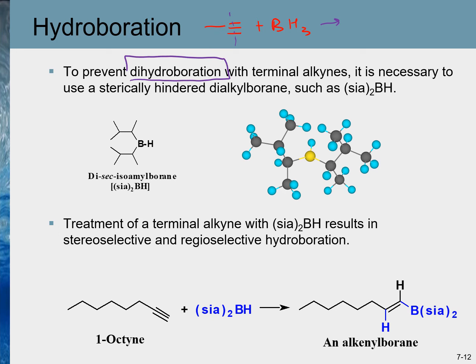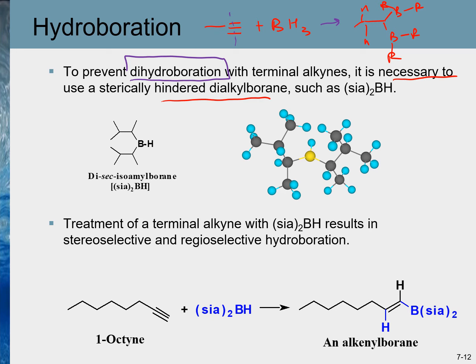Dihydroboration product means that we will get an alkane which will have two boranes attached to the same carbon atom, and this will not lead to the desired product. So to prevent this kind of dihydroboration of terminal alkynes, it is necessary to use a sterically hindered alkyl borane. The most common sterically hindered borane used is disecondary isoamyl borane.